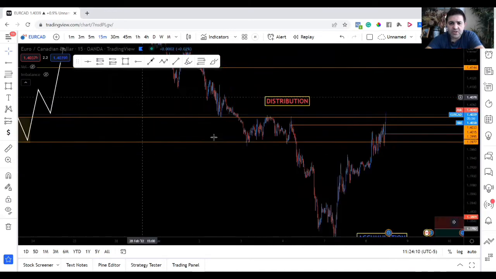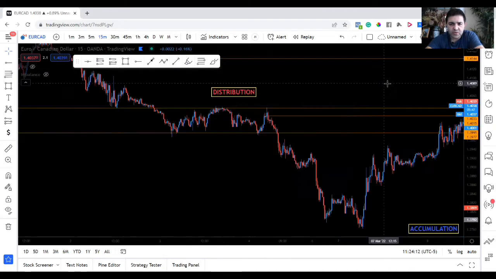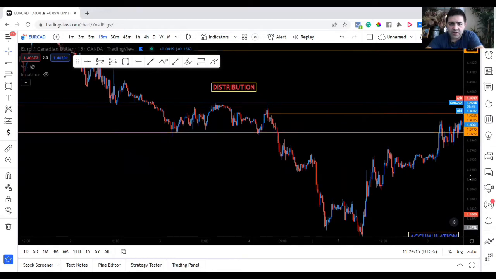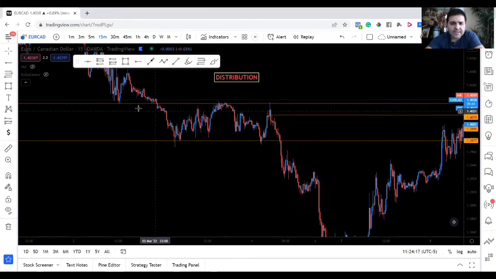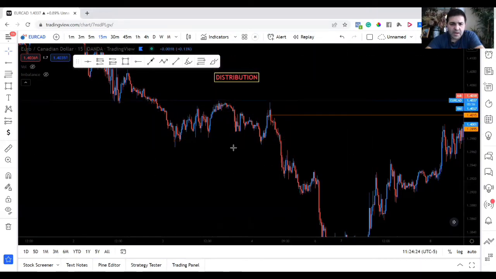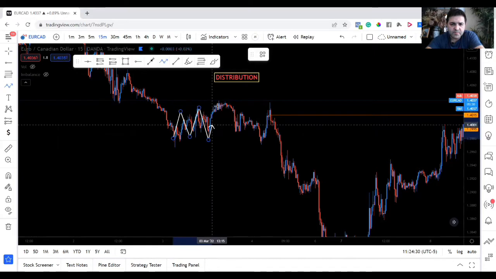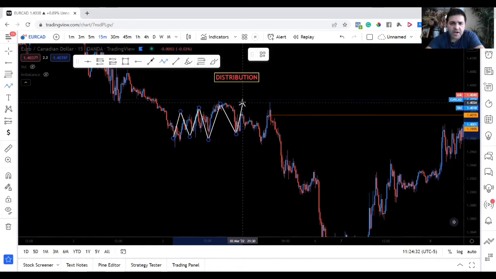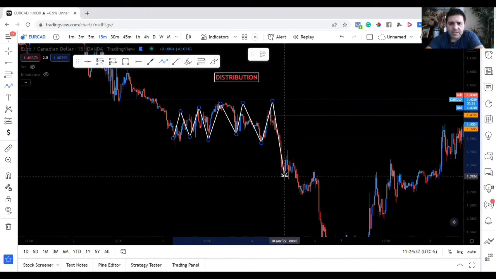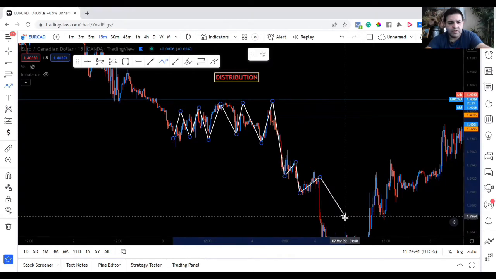So now let's go to a chart on AeroCAD and see how this plays out. And here's what we see. The banks created this distribution right here, higher highs and higher lows, before the downtrend.